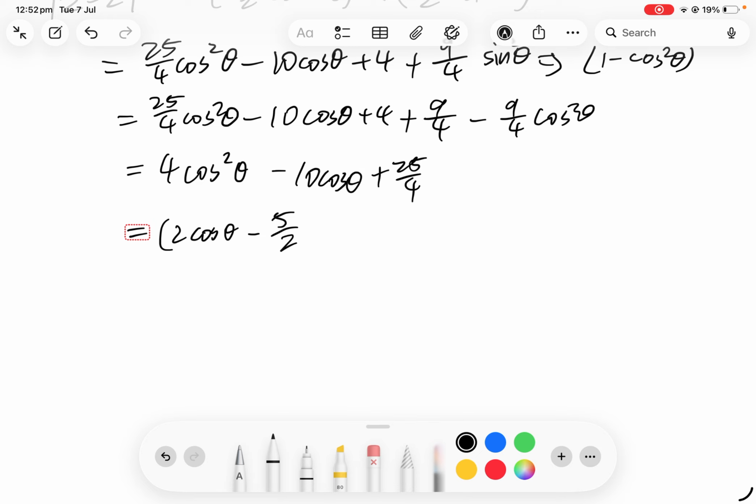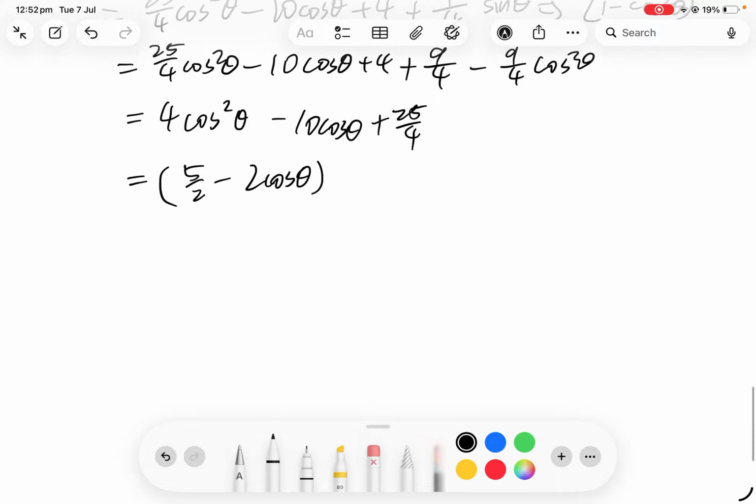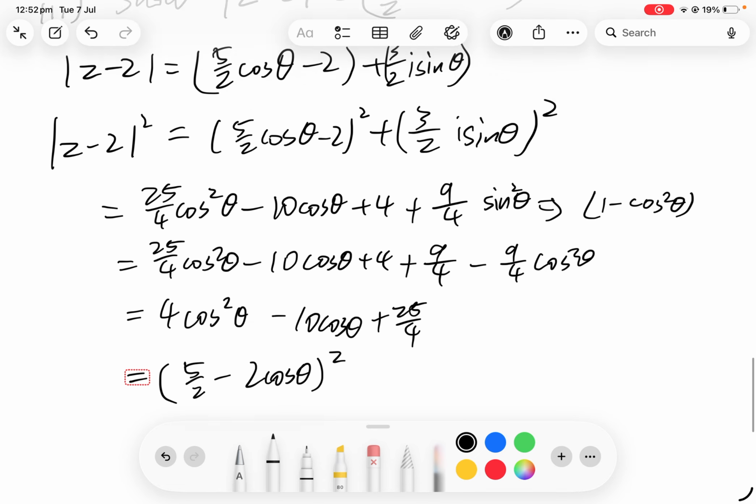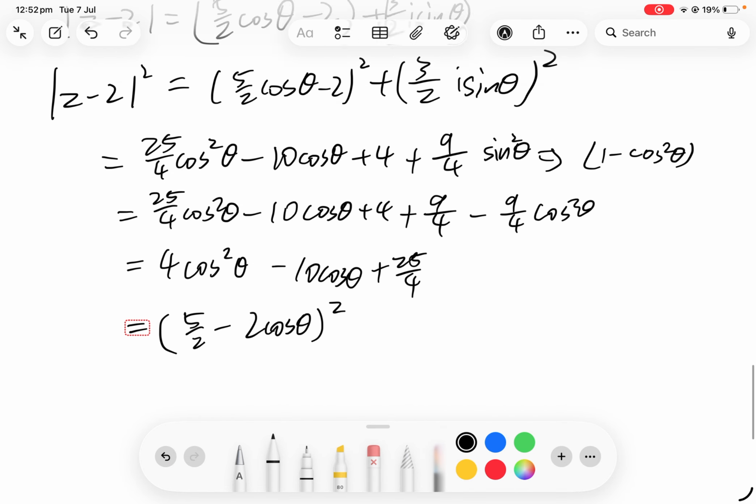If you times those together, it does make 10. I mean, times 2 again. But that's not possible because this is 2.5. The maximum is 2. This should become negative, but it has an absolute value at the front, so it must be 5 over 2 minus 2 cos theta, squared, and that's exactly the answer right here.